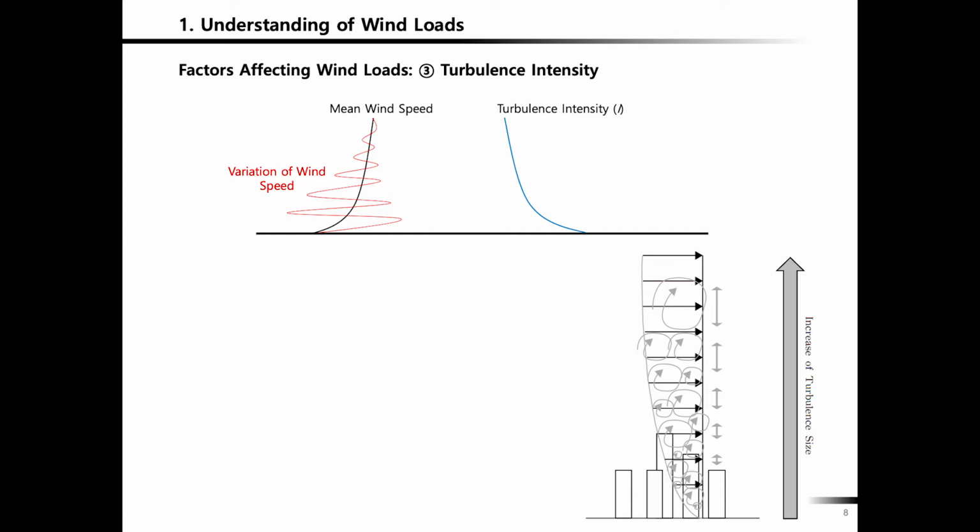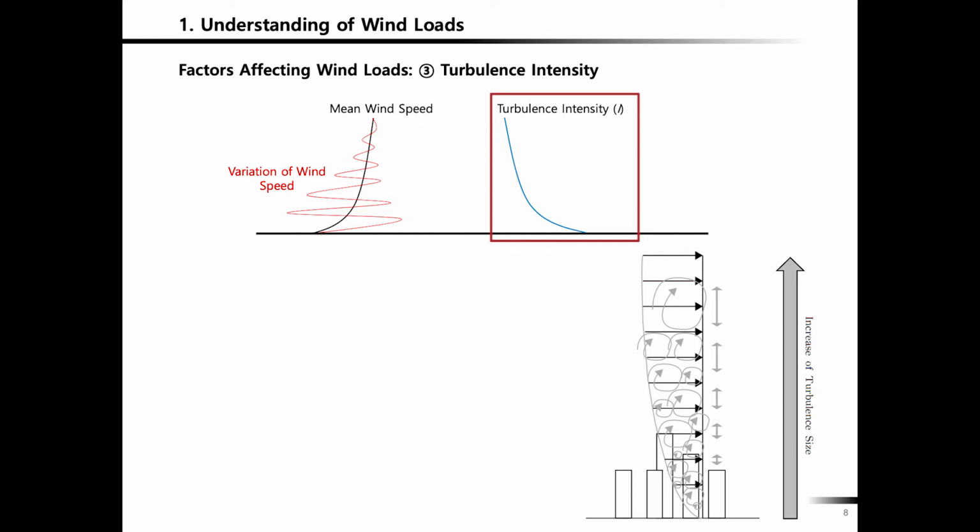The turbulence scale is smaller near the ground, but then variation is quite large. So you've got to remember this curve. It's inversely proportional, not linearly proportional, but exponentially proportional for that turbulence intensity. That's because you have a large variation at the ground level, but the turbulence scale is large at larger stories.